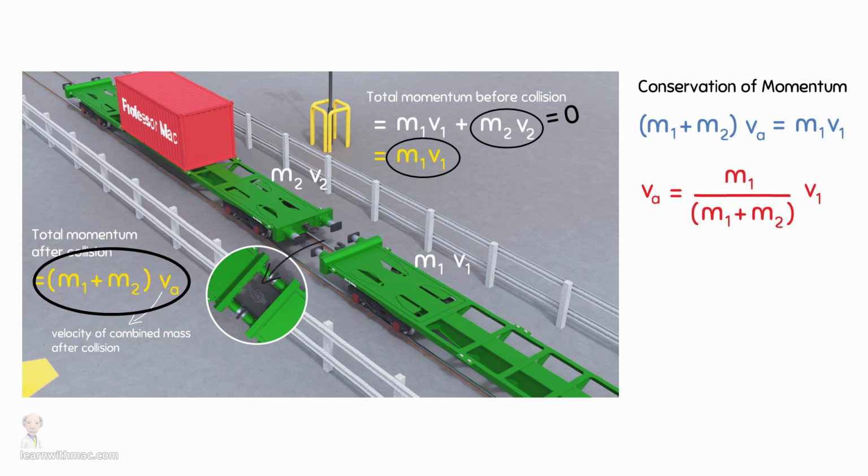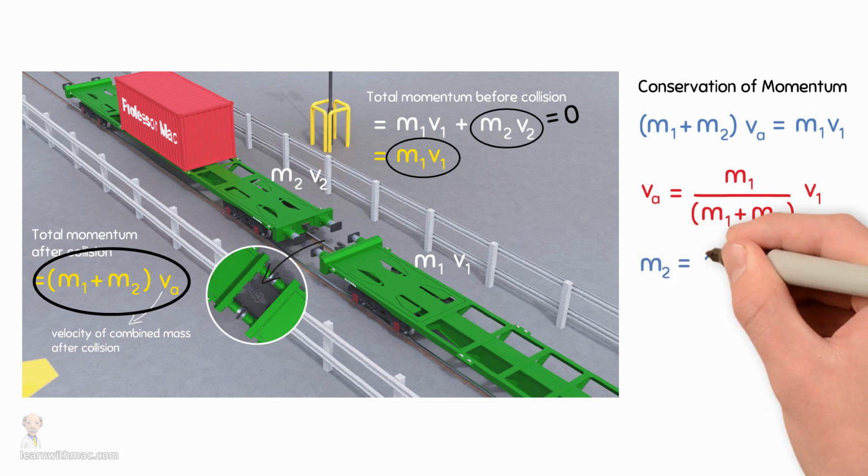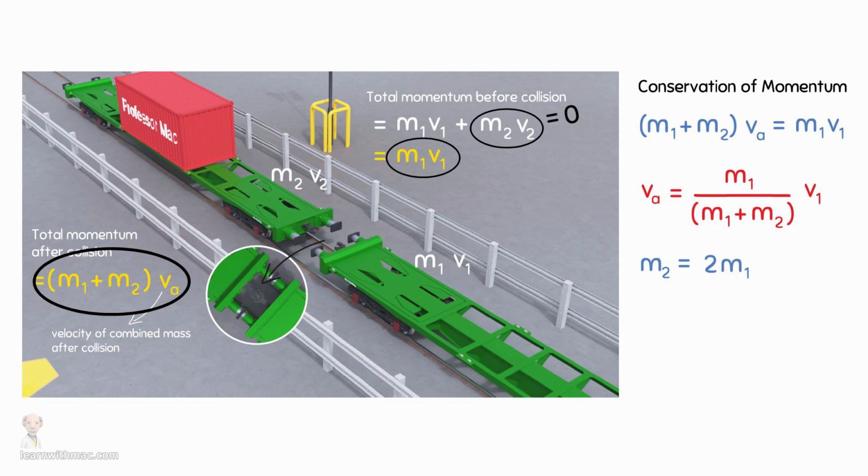Conveniently, in this case, the mass of the stationary wagon with the container on it is twice the mass of the moving unloaded wagon. So we have m2 equals 2 times m1.